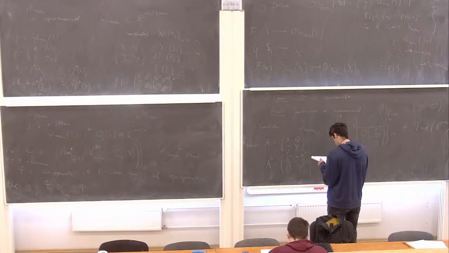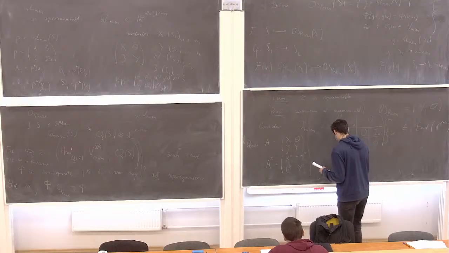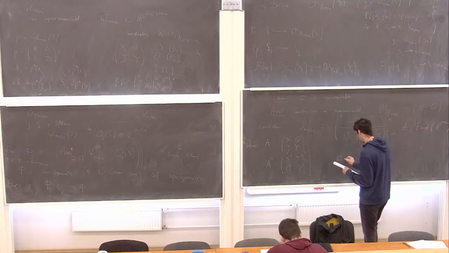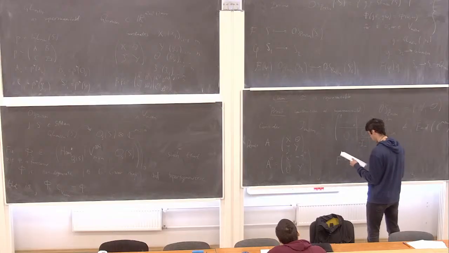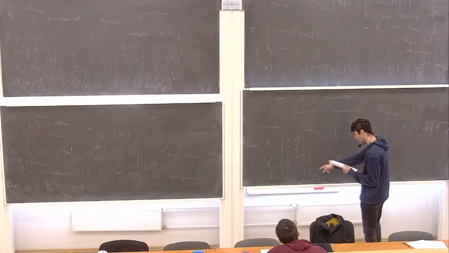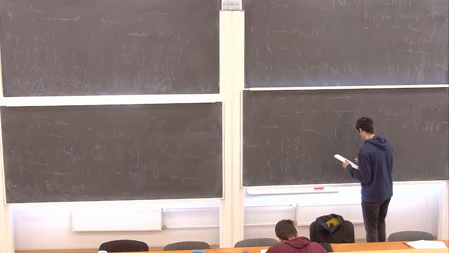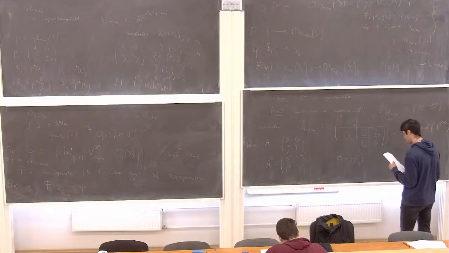And then I can now consider the following matrix F, which is a matrix again of the same size as A and J, and its corresponding elements I will denote by Fij.